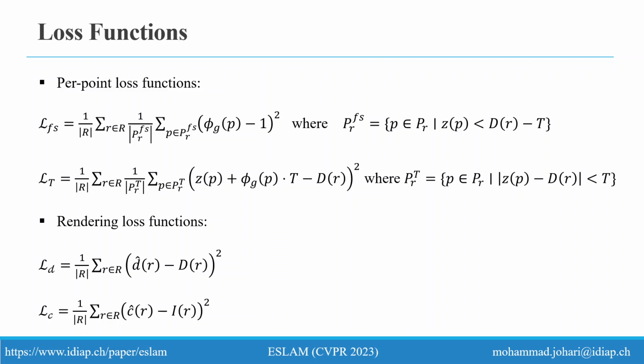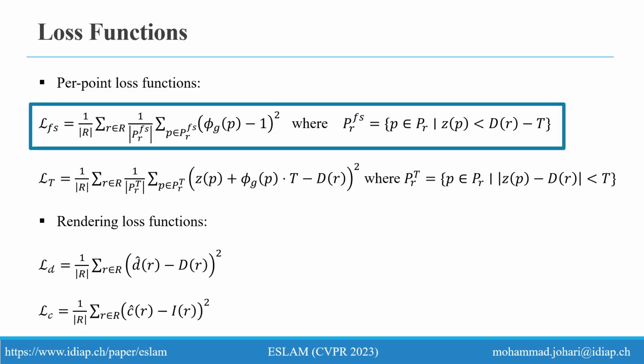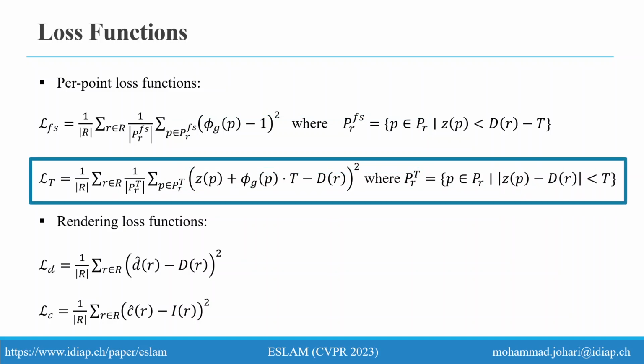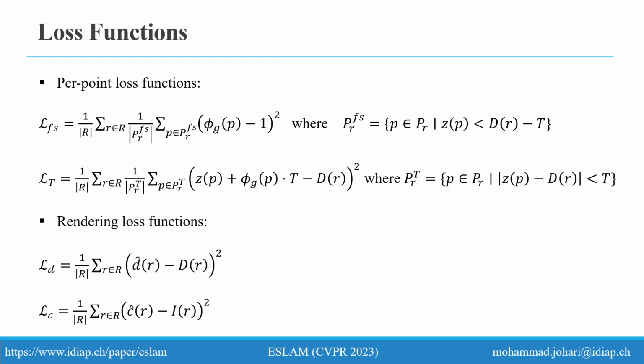Our free space loss encourages the points between the camera pose and the truncation distance to have a TSDF value of +1. We encourage the sample points in the truncation region to follow a signed distance field approximated by the depth map. We also impose consistency between the rendered depth and colors with the ground truth ones.